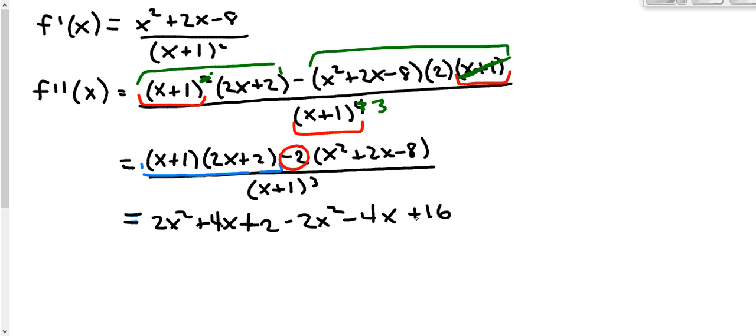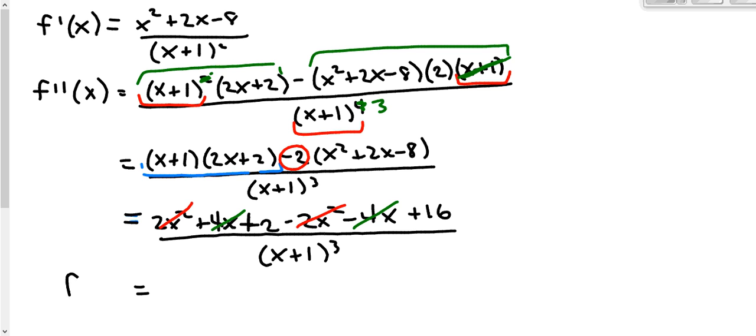Okay, and this is all over x plus 1 quantity cubed. So notice that we have 2x squared and minus 2x squared, we have 4x and minus 4x, so all we have left on the top is 18. So our second derivative is 18 over x plus 1 quantity cubed.